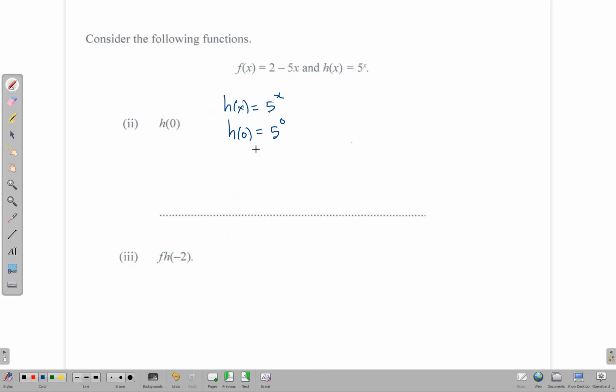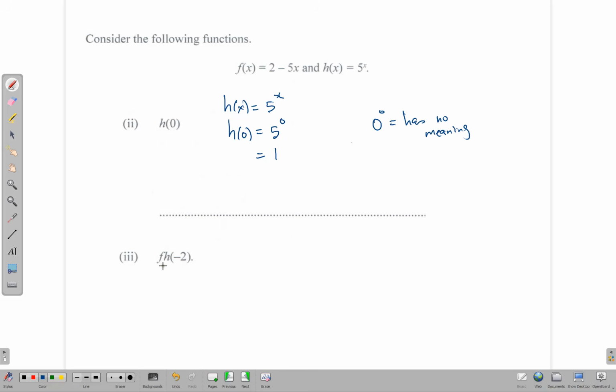Any non-zero number that you raise to a 0 power is 1, except for 0. 0 to the 0 has no meaning. Any other non-zero number that you raise to a 0 power is 1. Of course, you could punch this into your calculator and verify the result if you're not sure.